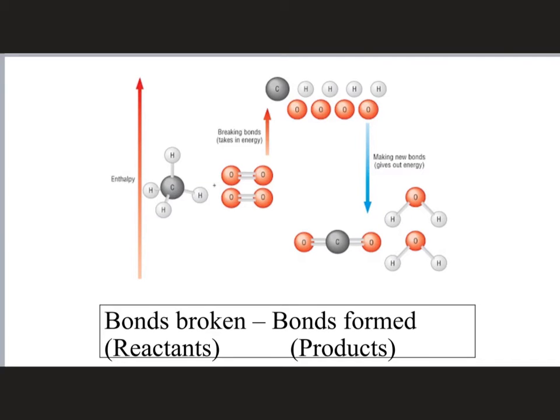So we're taking CH4, which is this molecule here, and we're reacting that with two molecules of oxygen, which are these molecules here, and then we are producing one molecule of carbon dioxide, CO2, which is this molecule here, and then two molecules of H2O, which are these molecules here.